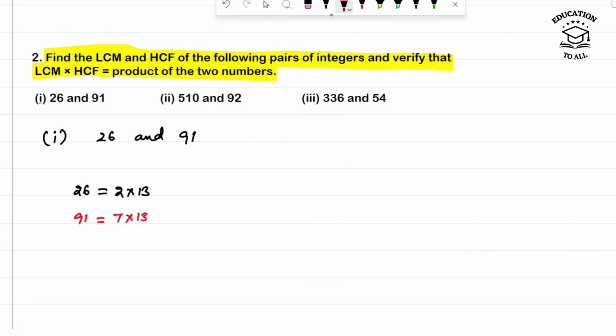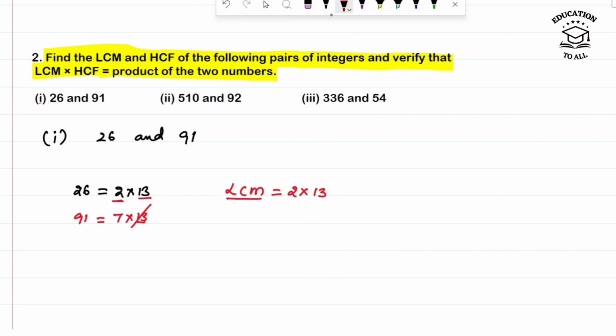So the task is to find the LCM first. LCM is abbreviated as least common multiple. Whenever you are taking the prime factorization for LCM, we should take all possible values. So 2 is there, and 13 is there in repetition, so 2 times 13 will be taken.